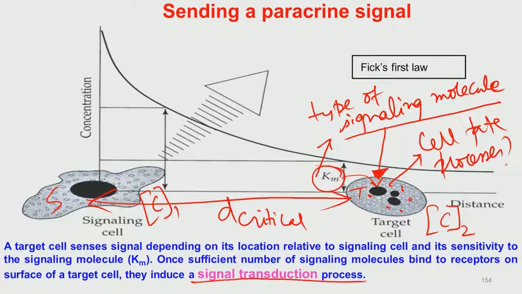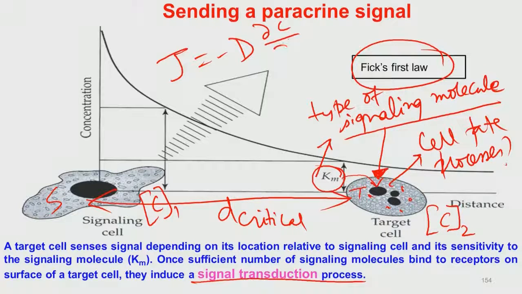So, summarizing this signaling mechanism again, Fick's first law essentially provides a basis for the cell signaling processes in a group of cells. Fick's first law essentially tells you that J is equal to minus D del C upon del x.